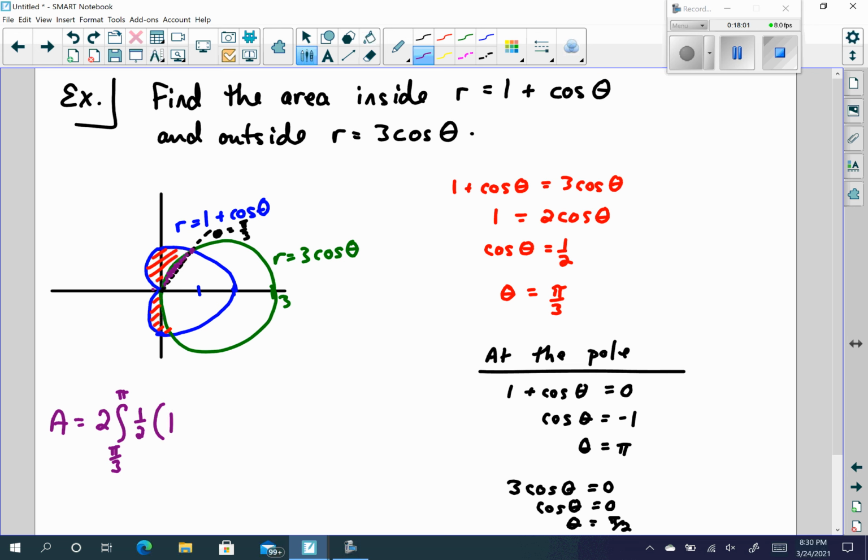So that's why the 2 is there. So then we get the 1 plus cosine theta squared d theta. But then we need to subtract this little part that's right here. And we would also have to subtract it on the other side because there's some symmetry. So we'd say -2 times the integral. So we would just go from pi over 3 to pi over 2.